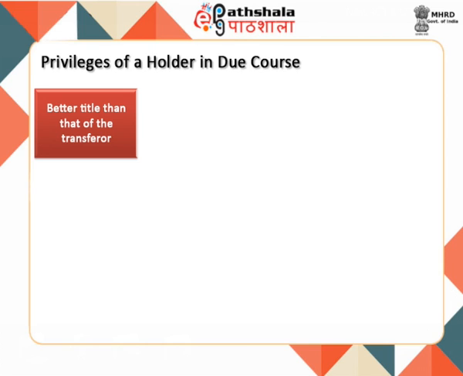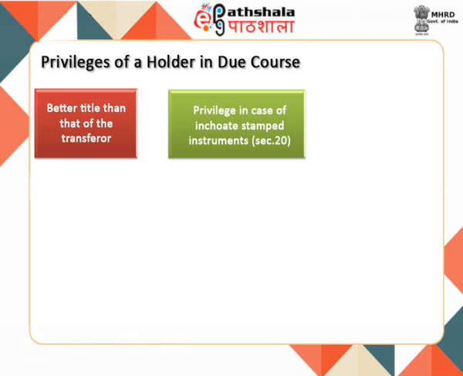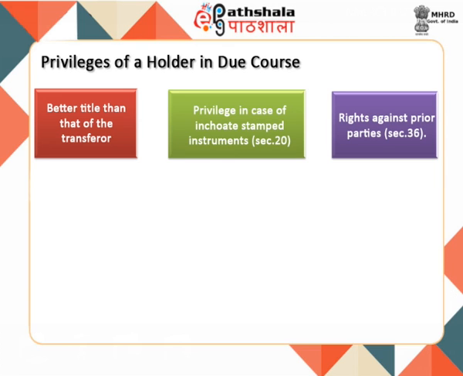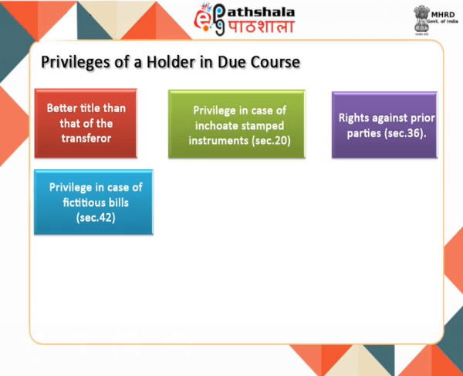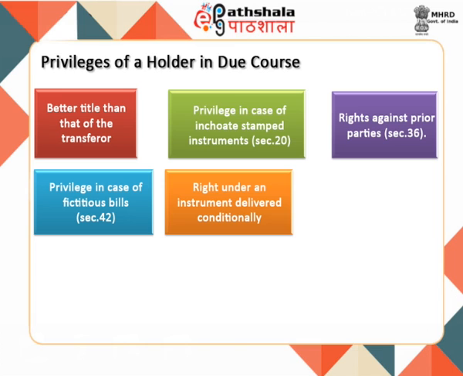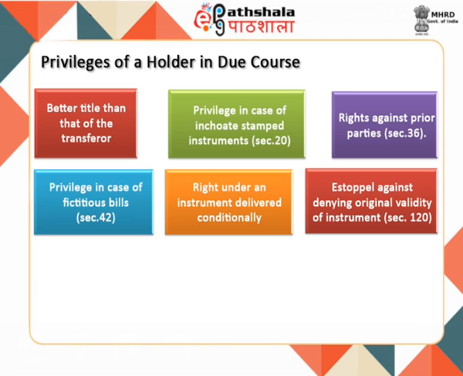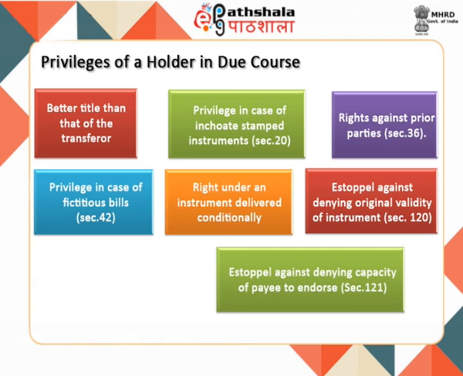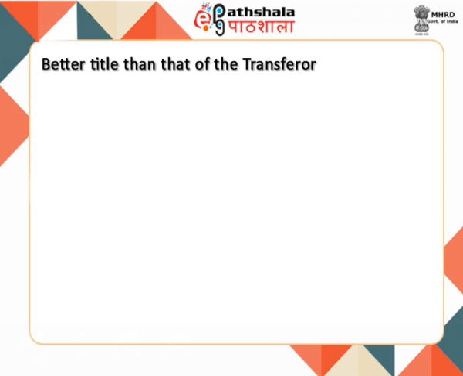These are: the holder in due course would acquire a defect free title, Section 20; rights against prior parties, Section 36; privilege in case of fictitious bills, Section 42; right under an instrument delivered conditionally; estoppel against denying original validity of instrument, Section 120; estoppel against denying capacity of payee to endorse, Section 121. Let us discuss these privileges one by one.